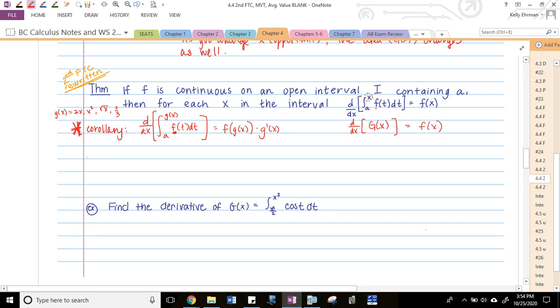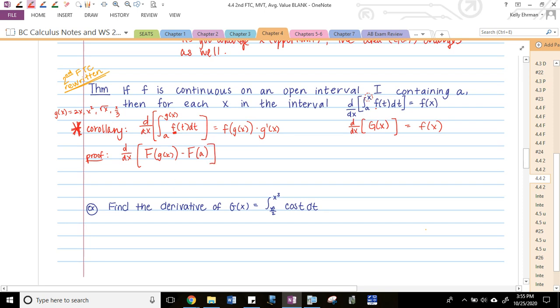If you want a sort of proof for why that's happening, let's think about this as an antiderivative. So when I take the integral from a to g, I get the antiderivative of g of x minus the antiderivative of a, right?